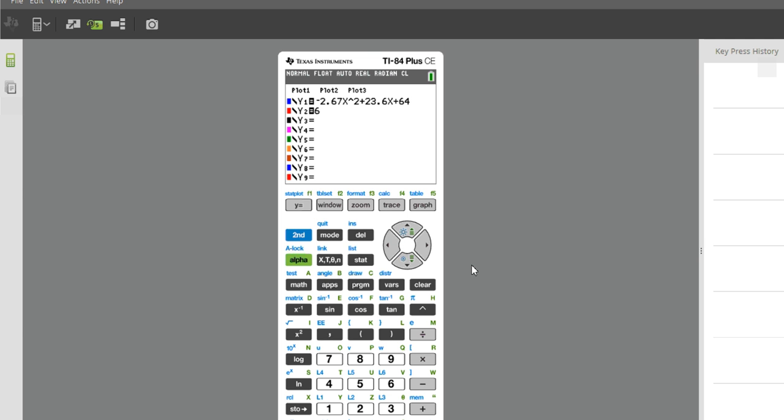Now we're going to have to fix the window, like we said, and Desmos folks, you're going to click on the wrench and adjust our values accordingly. So what would be some good values to look at? Well, we want to see when it's getting a height of 6 feet, so that's going to help us adjust the y's, the outputs, and then we're going to think about time that it's going to happen.